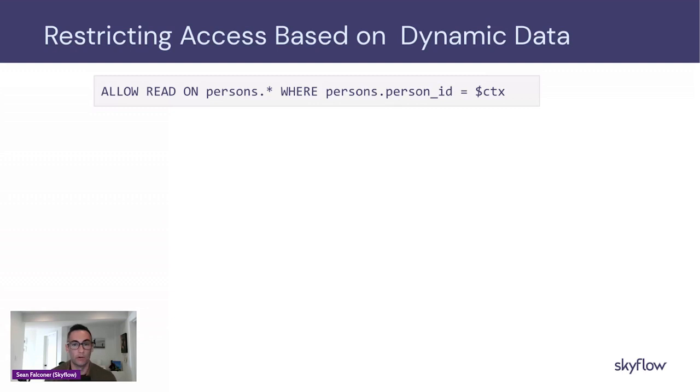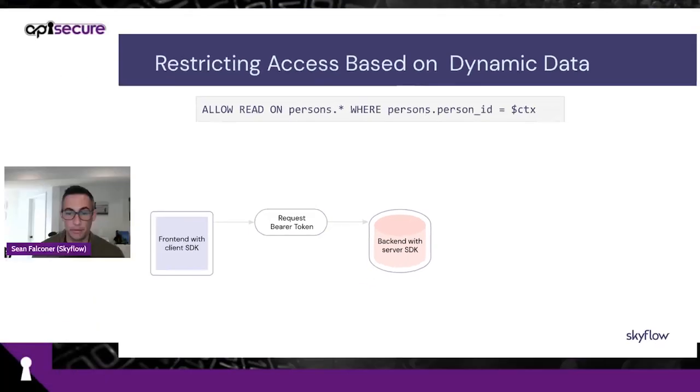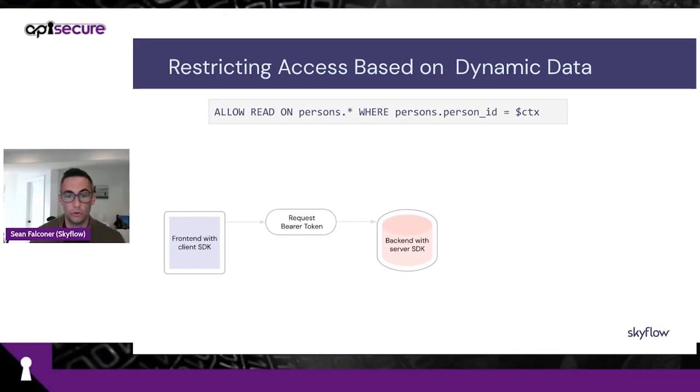So here we're going to have a policy to restrict by person ID based on this dynamic context. From our front-end application, we would use the front-end Skyflow SDK to request a bearer token. The front end is going to make an API request to our back end to generate a bearer token. The back end is then going to communicate with our application database to get a person ID.